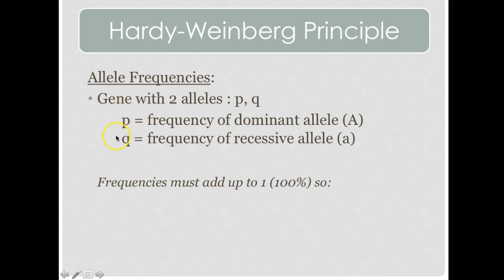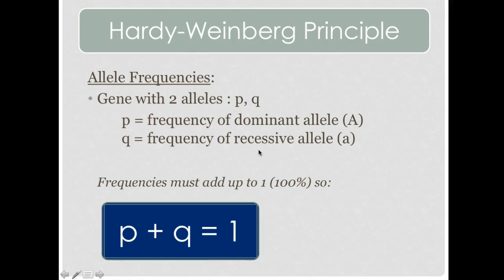Because you assume there are only two alleles for every given gene, these two alleles have to add up to 100% or 1. These are sometimes given as a percentage, especially when talking about frequency, but they're also written as decimals, so you'll have to convert between decimals and percentages depending on what the question is asking. Just be prepared for that.